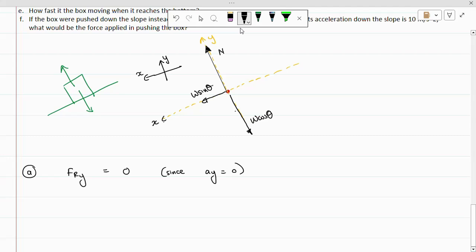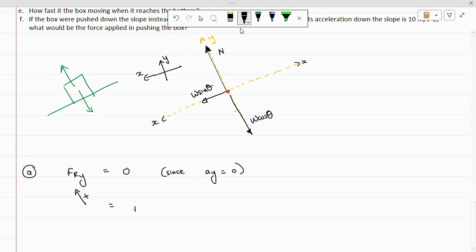Like I said, I always like to make sure that the positive x is where the object is going. But it's fine, because if you decide that this is your positive and you get negative answers, you then know it's going in the opposite direction. So whatever you decide, just stick to it, just make sure you're accurate. We know that this is the resultant force, and anything that's going away from the slope is positive.